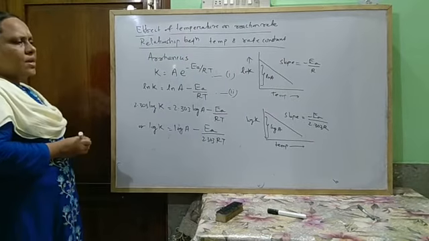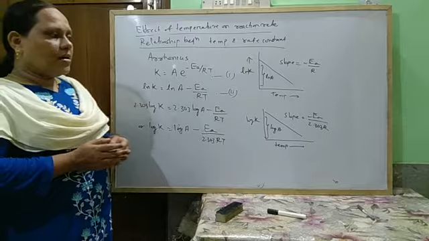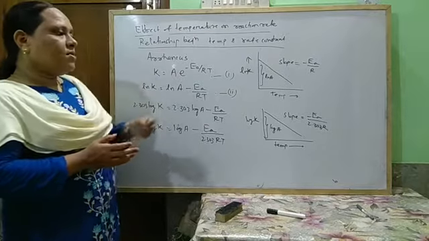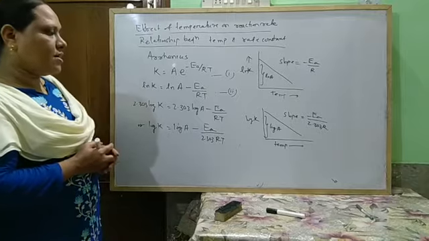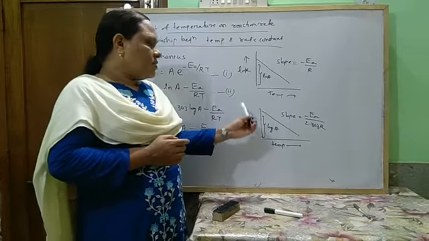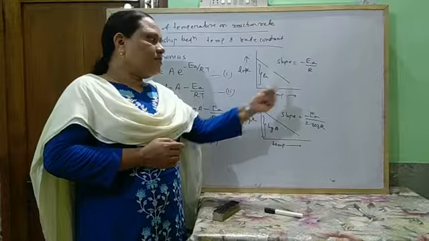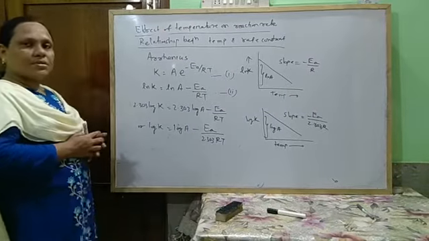So in this way, from this graph you can find out the activation energy, and what the relationship is. So k versus T gives this type of relationship.